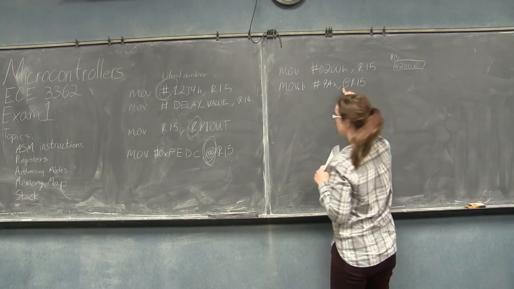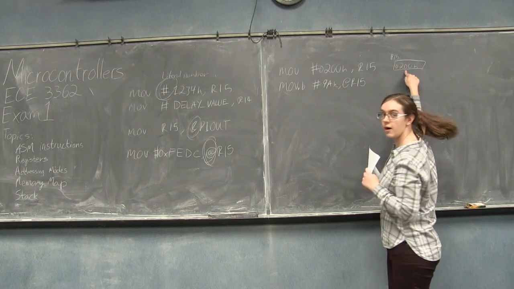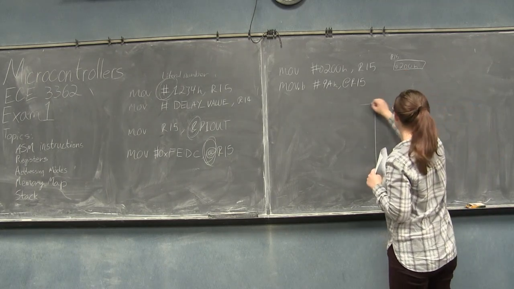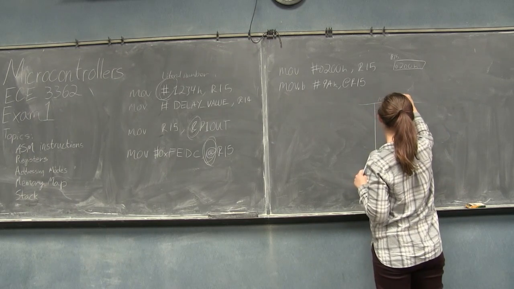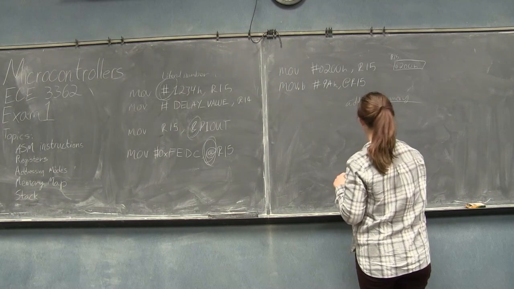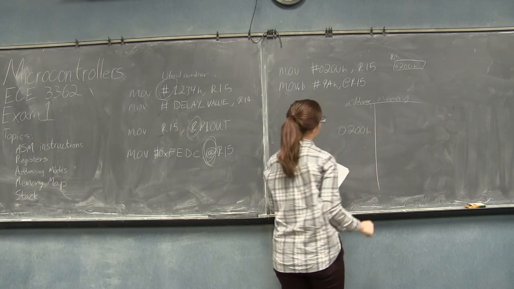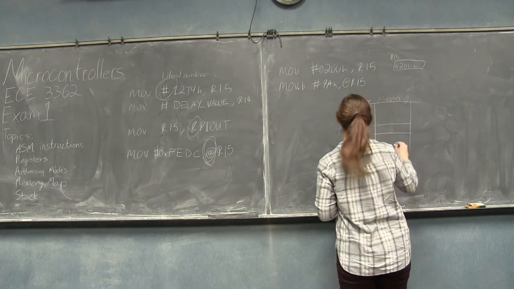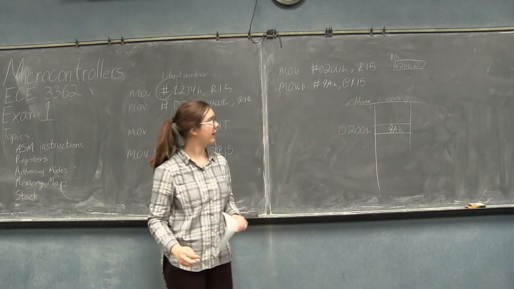And when you use this @ pointer notation, it says, I want to treat the content of R15 as a location in memory. So then, in your memory, it will go to memory location 200 hex and store the value in there.